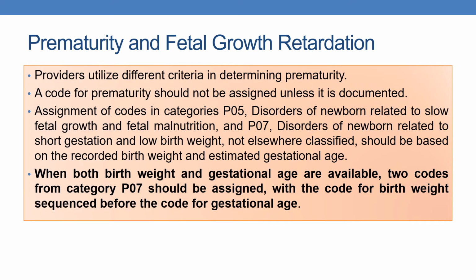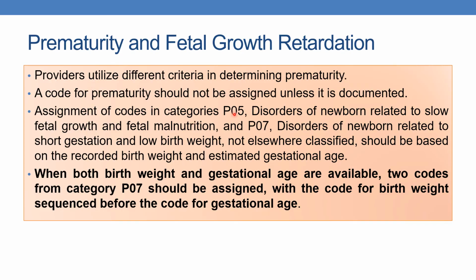Now coming to guidelines regarding prematurity and fetal growth retardation. Providers utilize different criteria in determining the prematurity. A code for prematurity should not be assigned unless it is documented. This is important. Providers utilize different criteria in determining the prematurity, and a code for prematurity should not be assigned until it is documented.